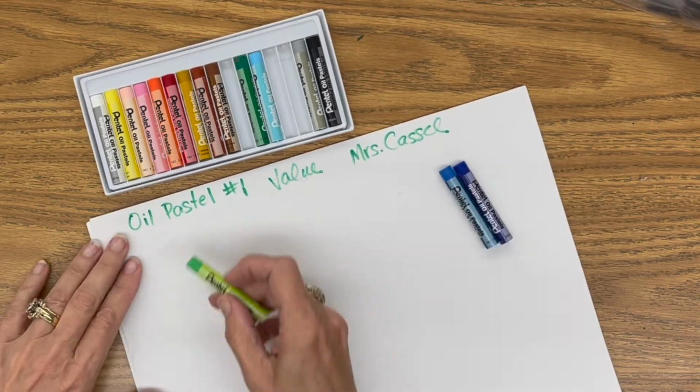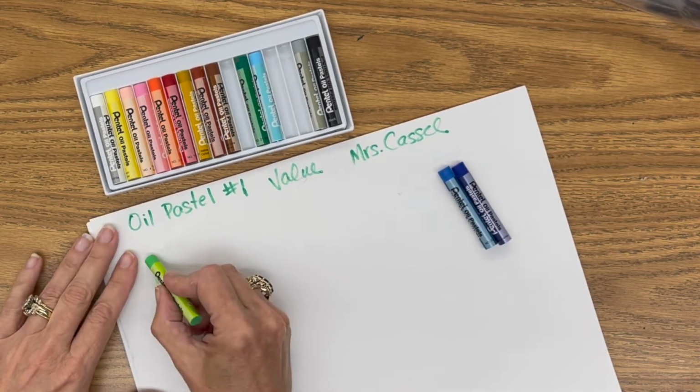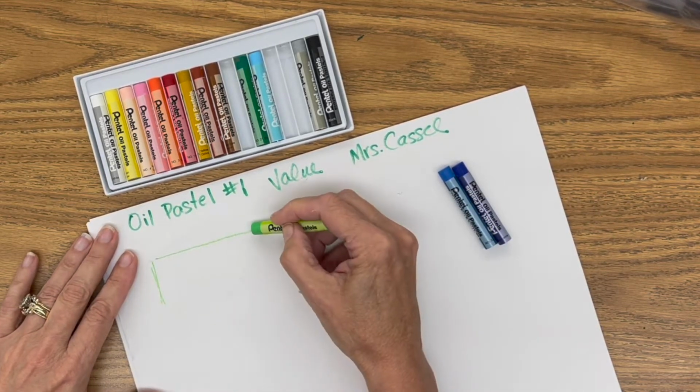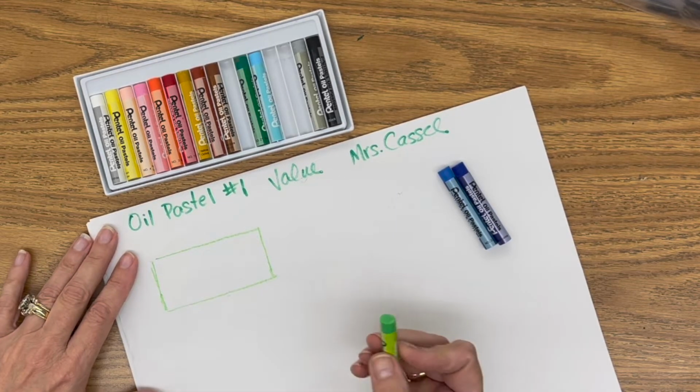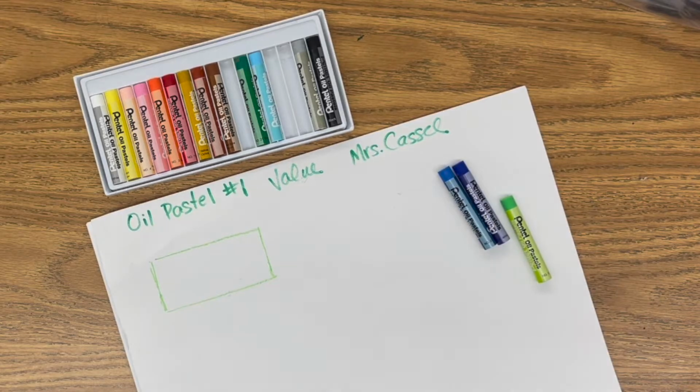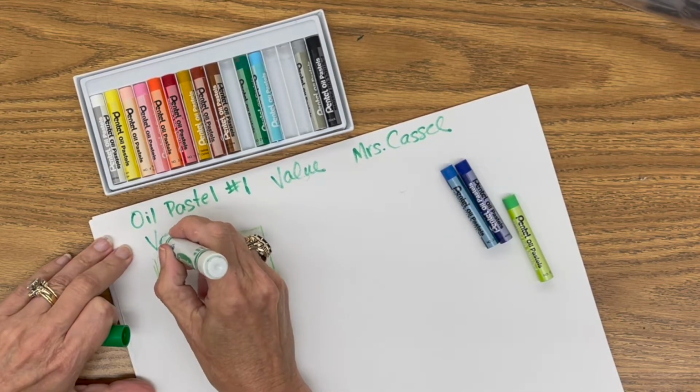All right, so if you've done the colored pencil, you will know that value is the lightness or darkness of a color.